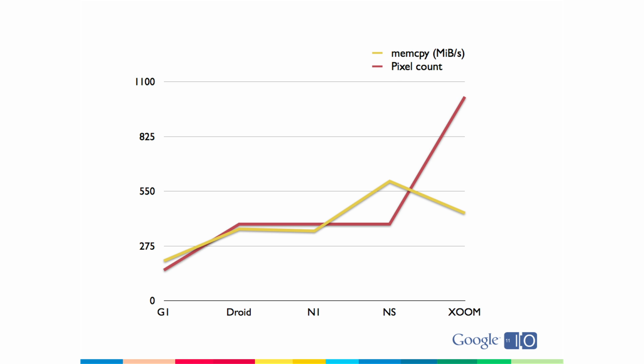And the yellow line shows you the available bandwidth that we have to move pixels around between the CPU and the memory. And unfortunately, the bandwidth itself has always been on par with the number of pixels, so it was good enough. But now we have more pixels than we can afford to move on the bus. So software rendering is not enough.